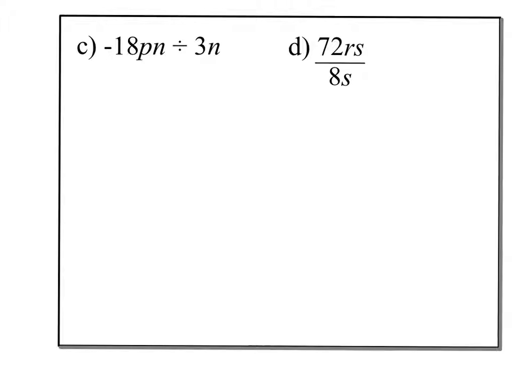For C, if you have division written like this, you can just solve it. But a lot of times it's easier to write it with one number or one expression over top of the other. So if you rewrite this, it would be negative 18 times P times N divided by 3N. So negative 18 divided by 3 is negative 6.